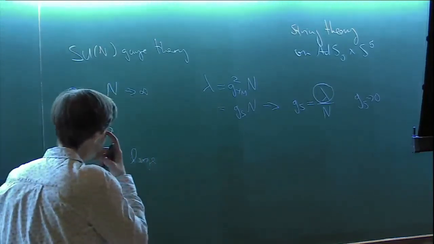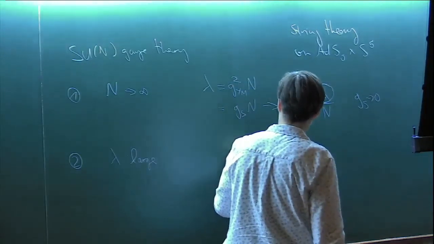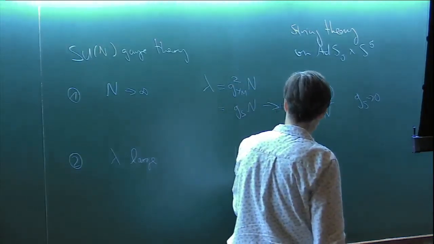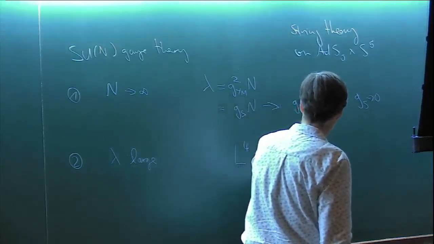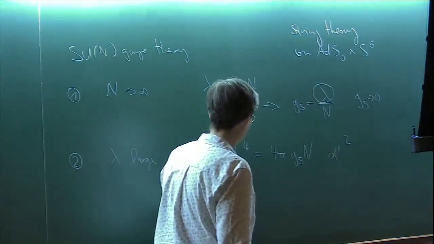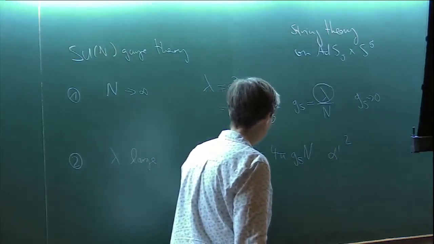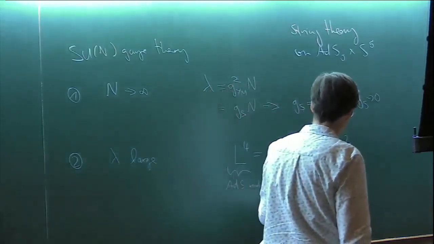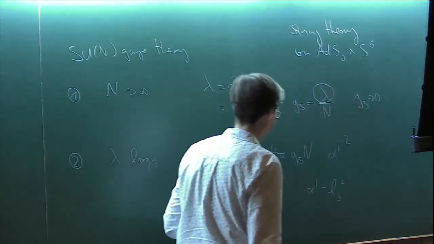Now, as I'm going to explain tomorrow, there's a very important relation which looks like this. So this is the radius of our anti-de Sitter space, this L which we had before. And this alpha prime is the inverse string tension, which is actually the length of the string squared.